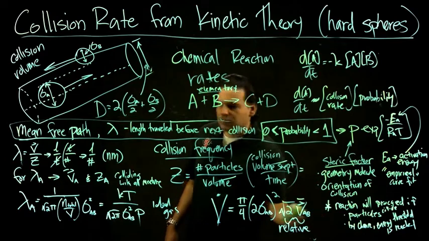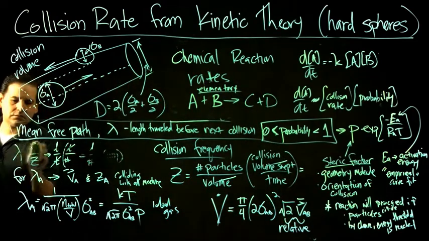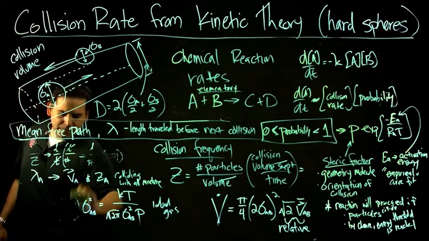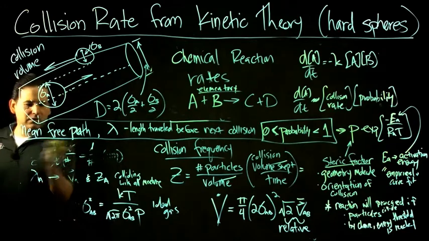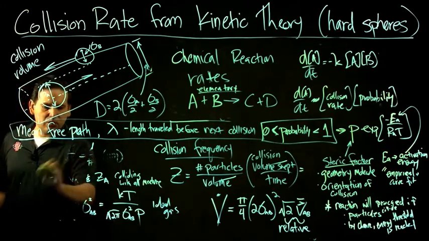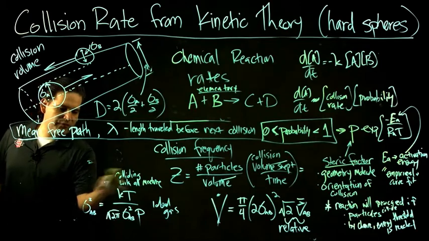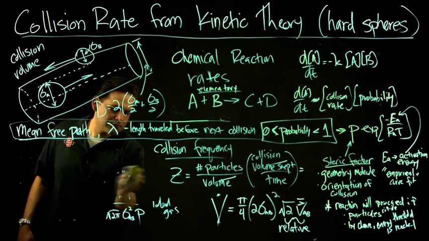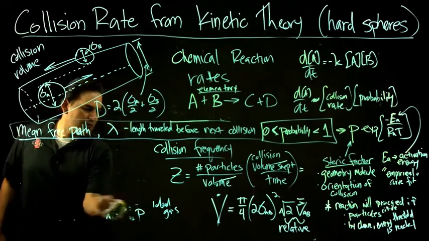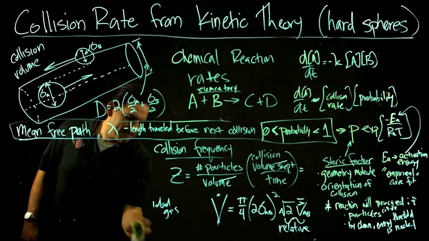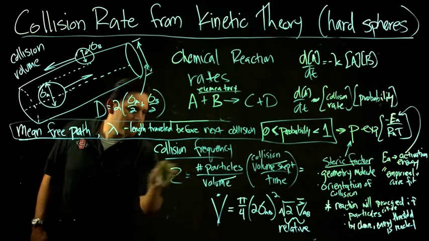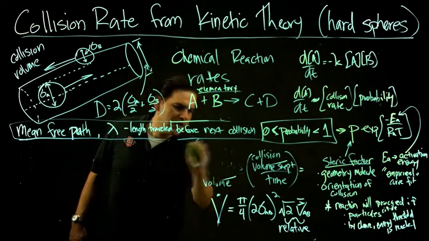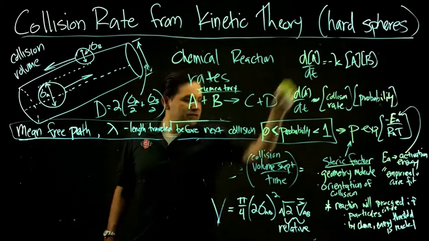Okay. So how do we quantify that? Well, we know how to quantify the collision rate, so that's going to be a part of this factor. And it depends on the number density. That's what these brackets are, the concentration.